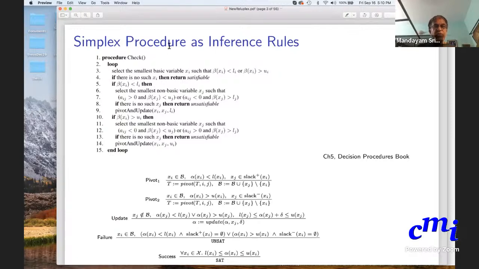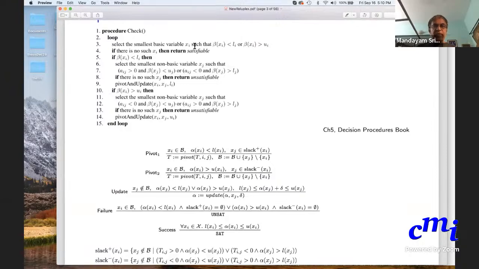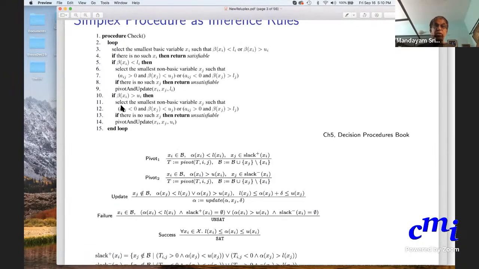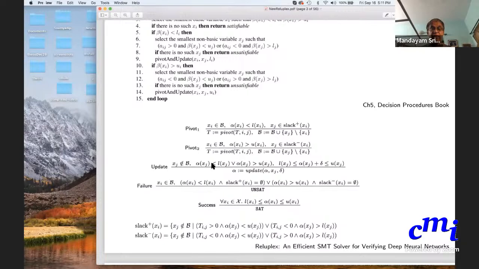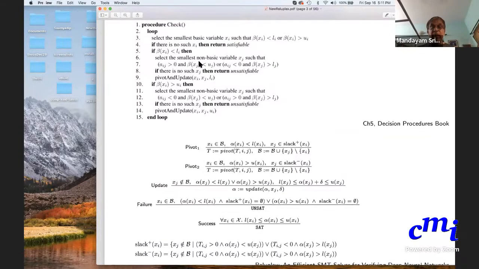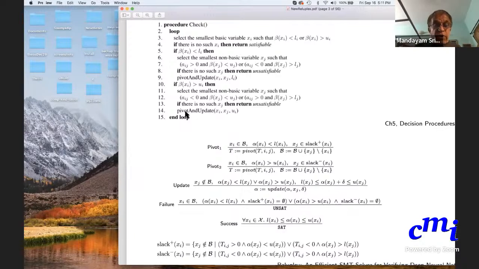Okay, so you see that here's how I presented the simplex procedure earlier. Whereas here, in the ReluPlex paper, it presents it as a set of inference rules. One of the main differences is that whereas here it uses pivot and update, you pivot and then you update, they kind of combine into a single operation in this procedure.